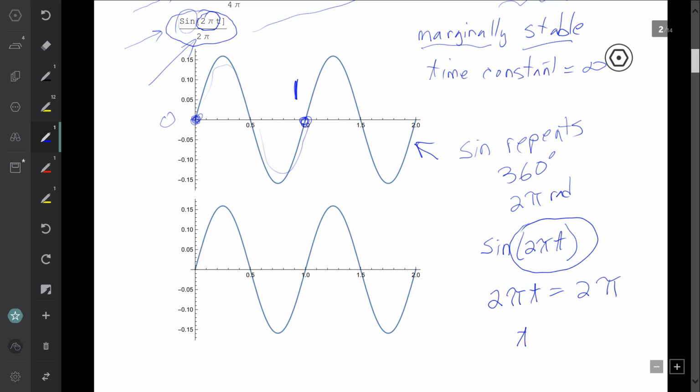It's pretty obvious. Time is 1. Okay? So what this means is this guy right here will repeat when the time is equal to 1 second. And that's what you see up here. It's repeating when the time becomes 1 second. So what this means is this imaginary number that is right here, that came from the S equation, this guy right here is the frequency.